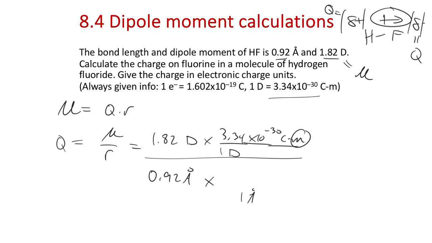So 1 angstrom is 10 to the minus 10 meter. Let's actually calculate this here, and then we'll convert it into electron charge units and talk about that very briefly. If we do this calculation, we're doing 1.82 times 3.34 E minus 30.